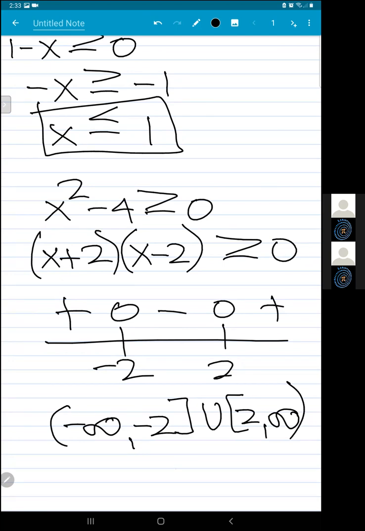By the way, in the quiz, just use INF for positive infinity. No need to put a plus, just use INF. And then for negative infinity, just put a minus sign. So let's combine the two.